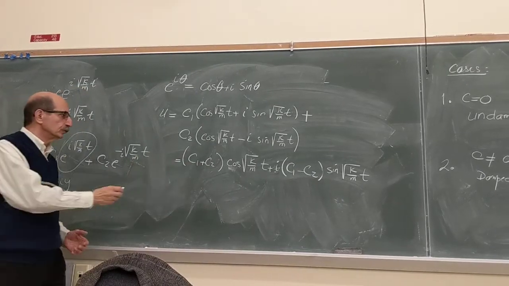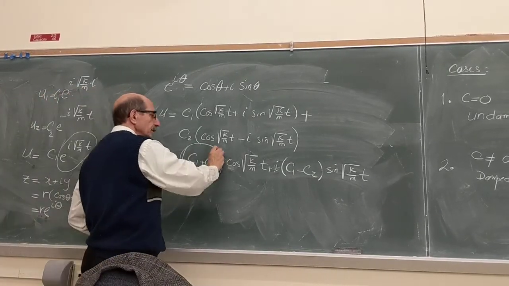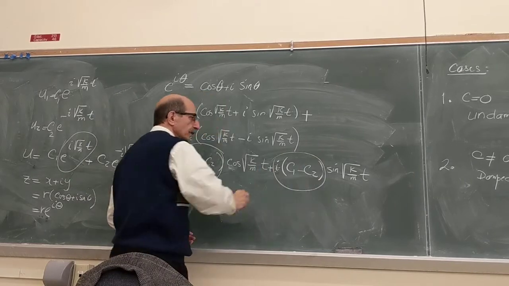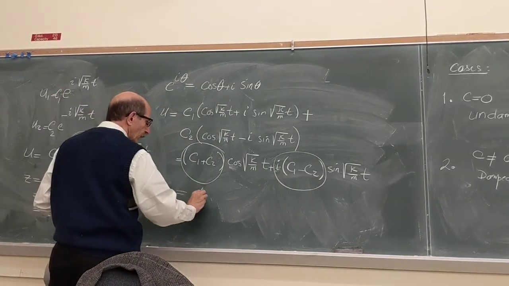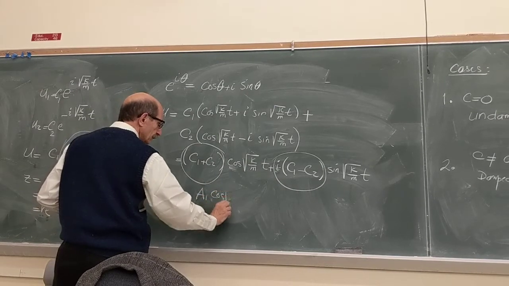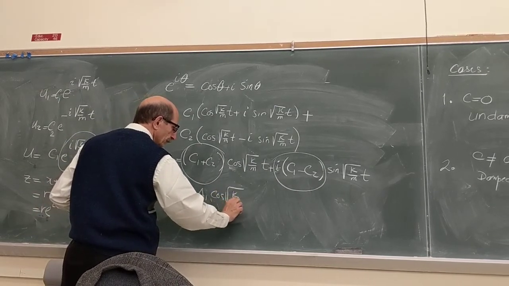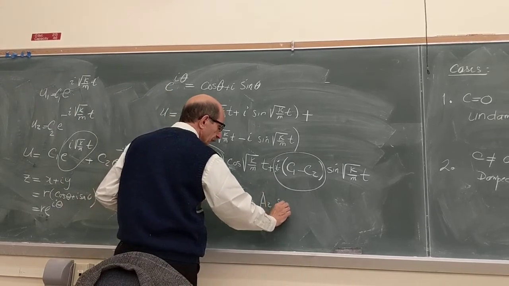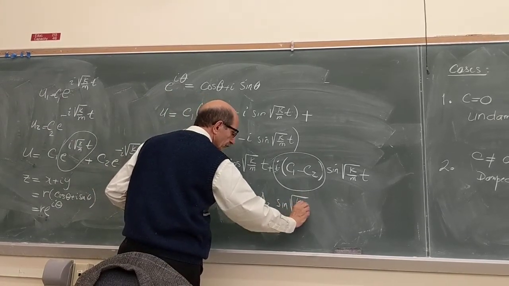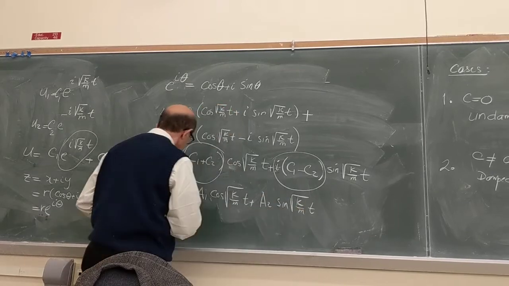Nevertheless, these two are just simply constants. So let's make life easier for us. I just call this A1 cosine of square root of k over m t plus A2 sine of square root of k over m t.